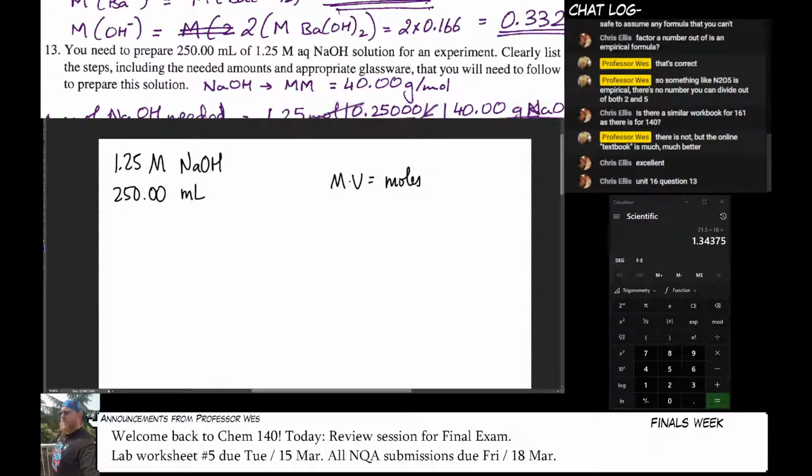So if the question doesn't say you have this stock solution, then you can't do that because you would have to make up a stock solution, and those are already, by definition, prepared for you. So this must be a solid.